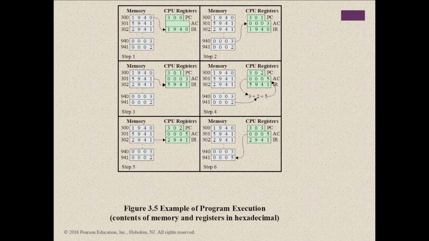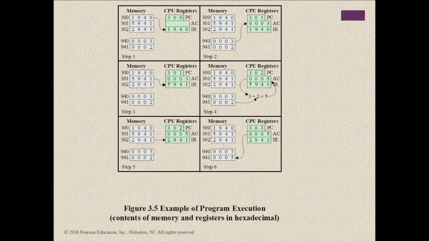And then next, note that this process involves the use of a memory address register and a memory buffer register. For simplicity, these intermediate registers are ignored. So next, the first 4 bits or the first hexadecimal digit in the IR indicate that the AC is to be loaded. The remaining 12 bits or the 3 hexadecimal digits specify the address, 940, from which data are to be loaded.